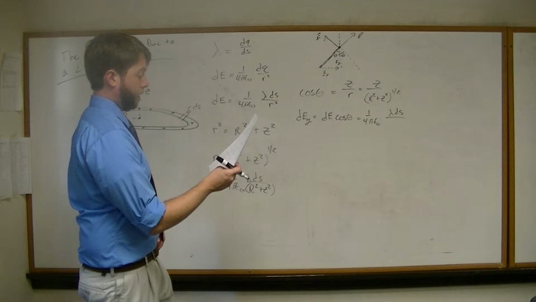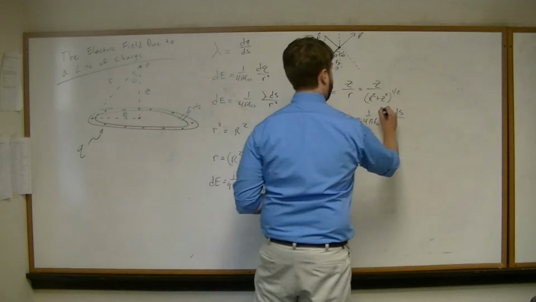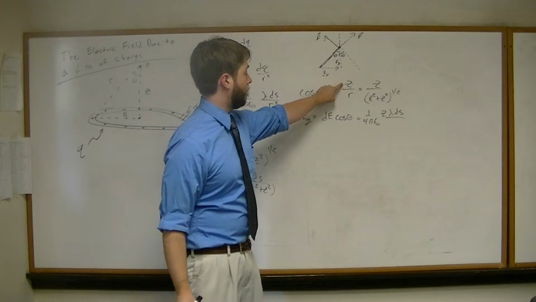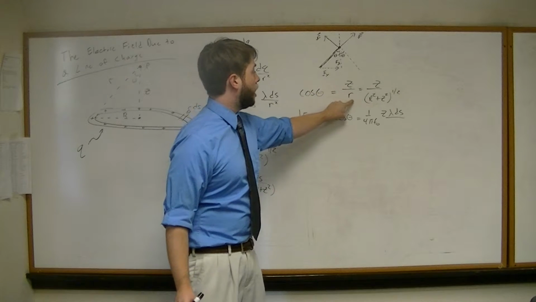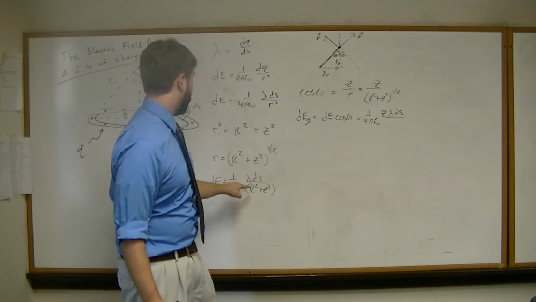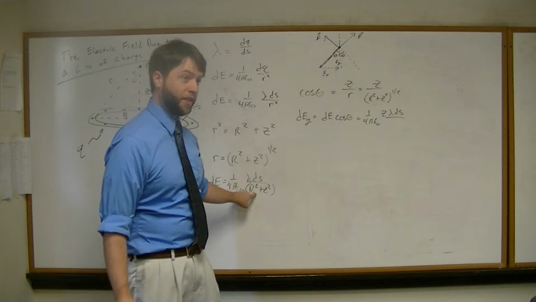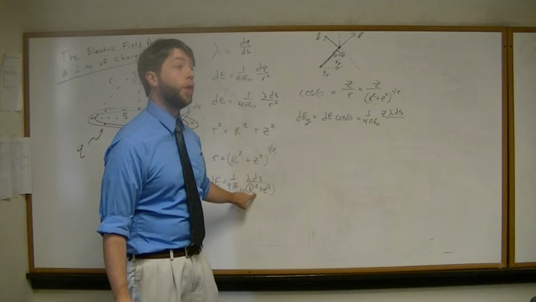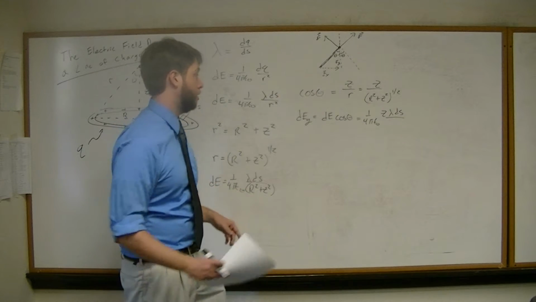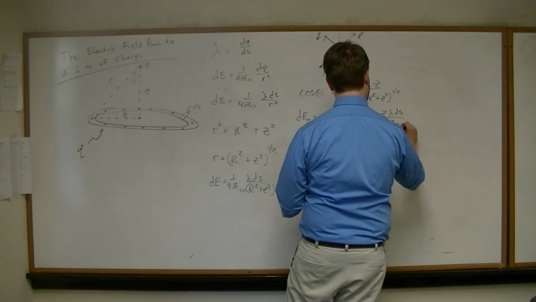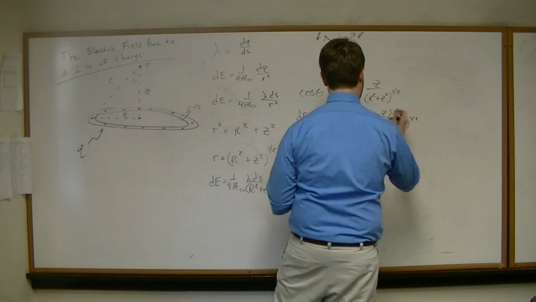This is going to be a z up top from the cosine of theta, the z right up here, over, now we have this r right here to the 1/2 multiplied by r squared plus z squared right down here. So it's r squared plus z squared to the 3/2 power. So this is going to be z squared plus r squared to the 3/2 power.